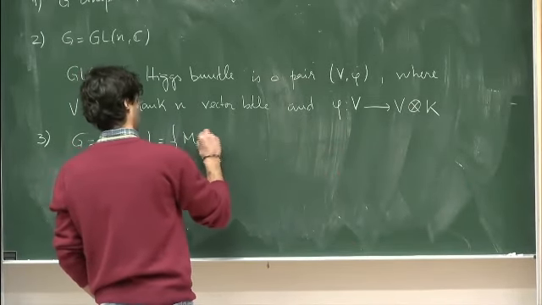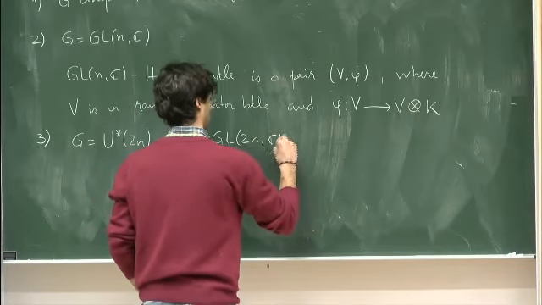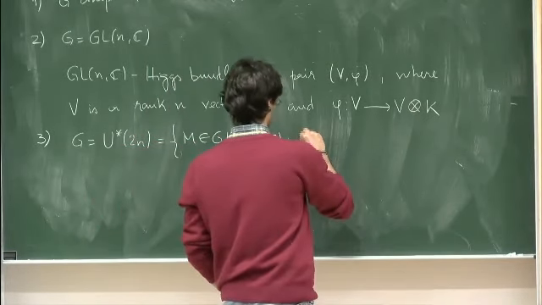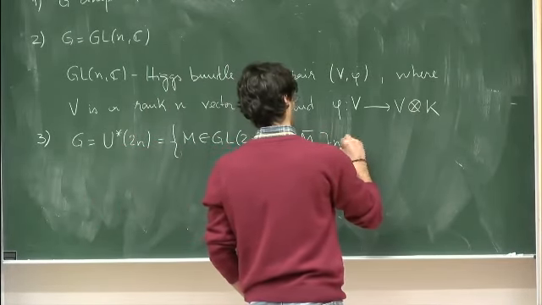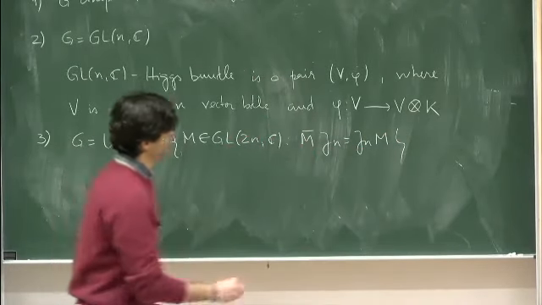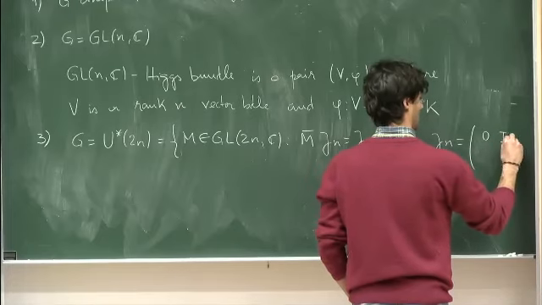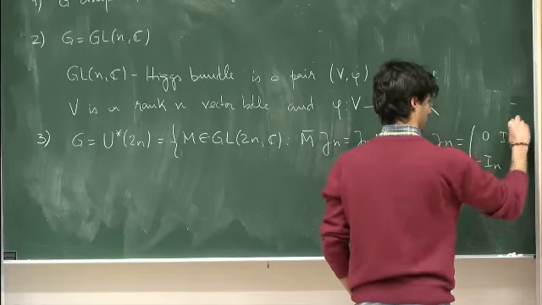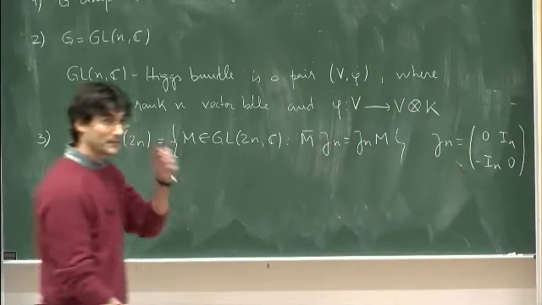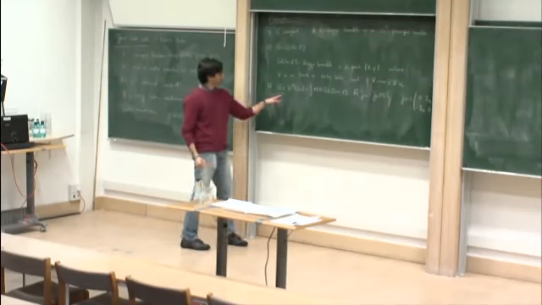Here are the matrices in GL_2n(C) such that this condition holds, where J_n is the usual one. Okay, this is the U*(2n) group.